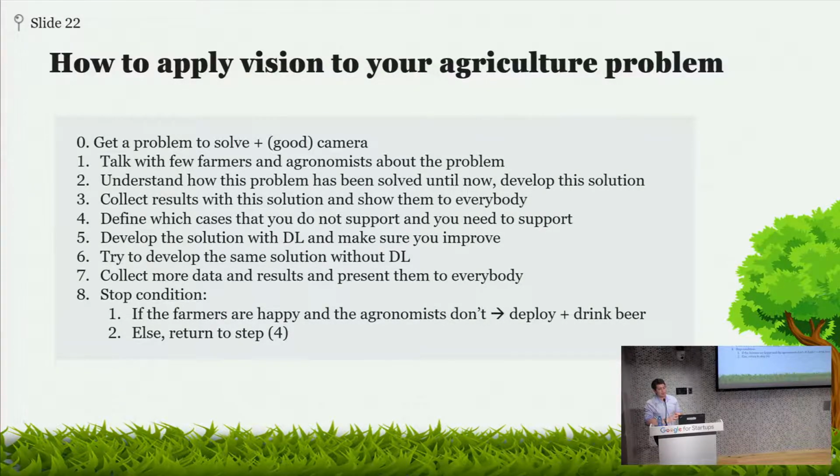After understanding the problem, you need to understand the solution. Agriculture has been with us for decades, if not hundreds or thousands of years. How many years? 15,000 years. It's a lot of time. So they have some kind of solutions.